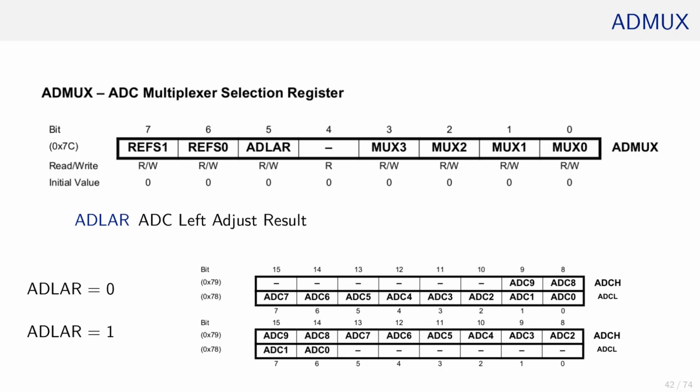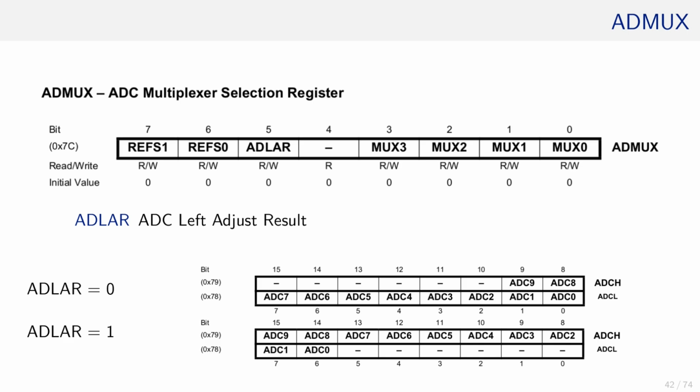That is an interesting question, and it is not immediately obvious why this configuration even exists, since usually we would align an integer to the LSB and never set ADLAR to 1.